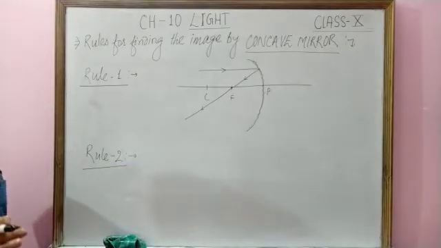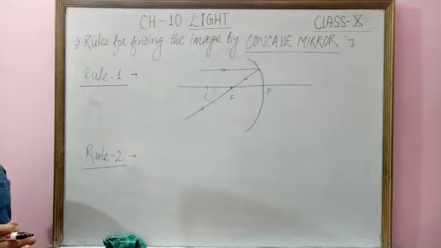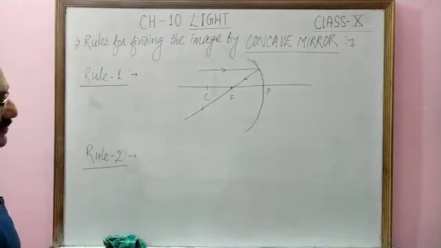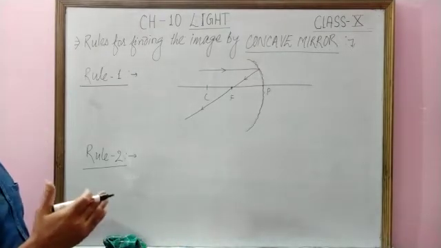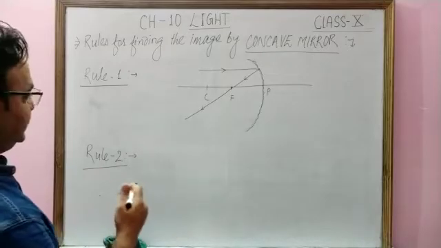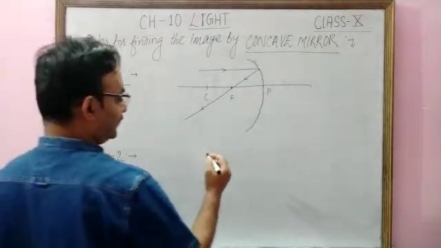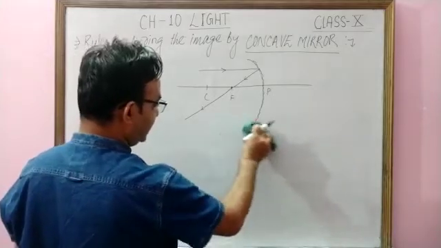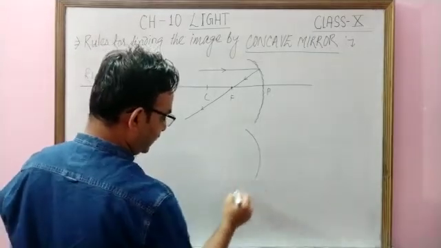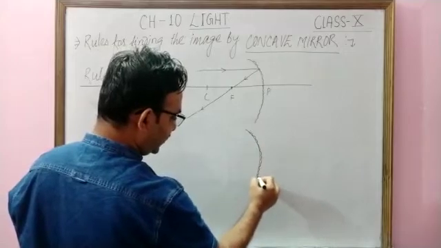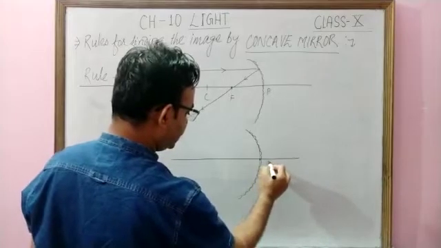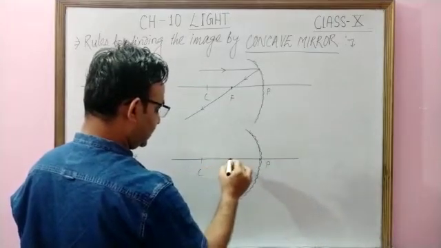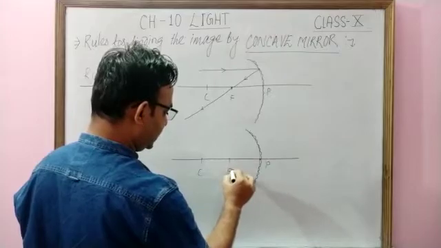Rule number 2. If incident ray passes through the focus, then reflected ray becomes parallel to the principal axis. If incident ray passes through the focus of concave mirror, this one is pole, center of curvature, suppose this one is focus here.